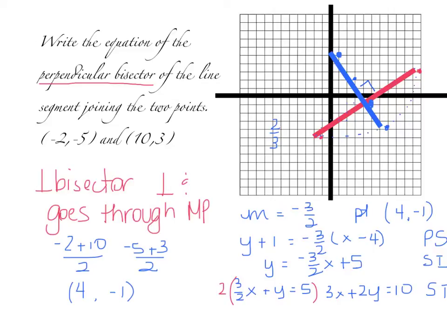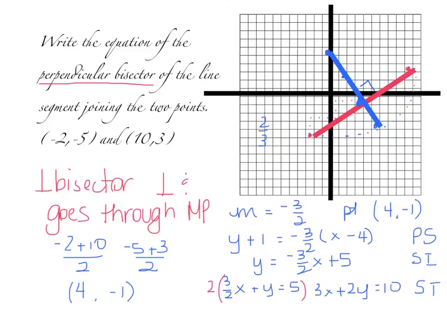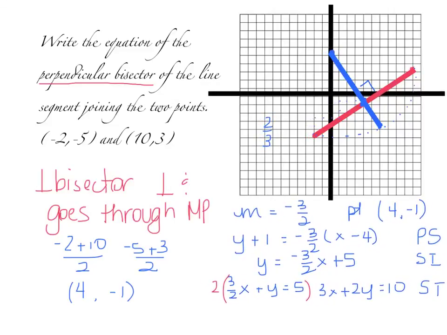So the endpoints of the red chord are actually on the circle. This is the perpendicular bisector, so it bisects this chord in half.